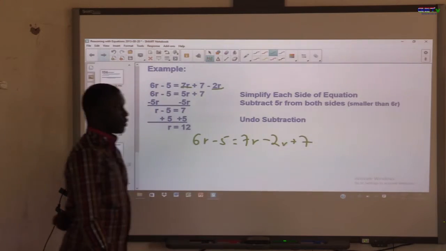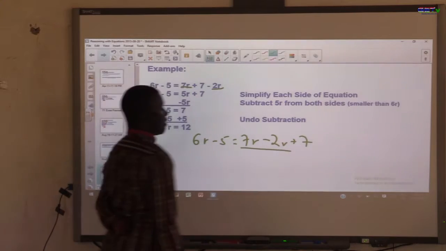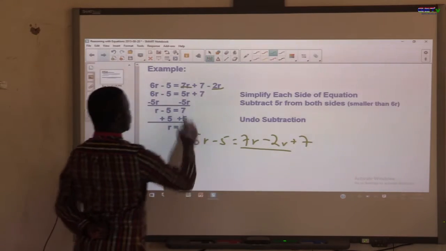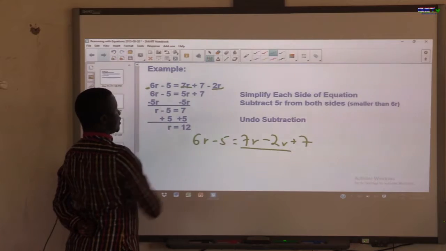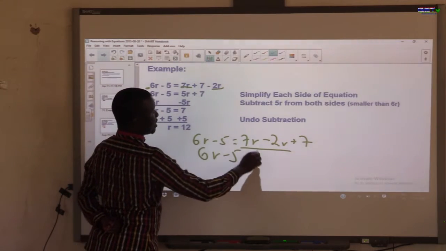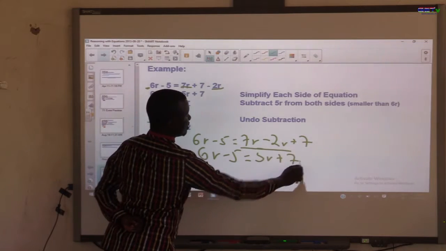We've rewritten the equation and made sure that our variables are together. This results in the second equation: 6r minus 5 equals 7r minus 2r, which is 5r, plus 7.